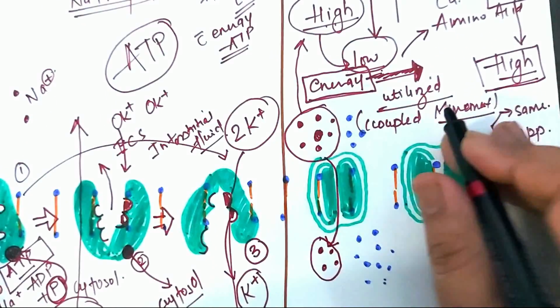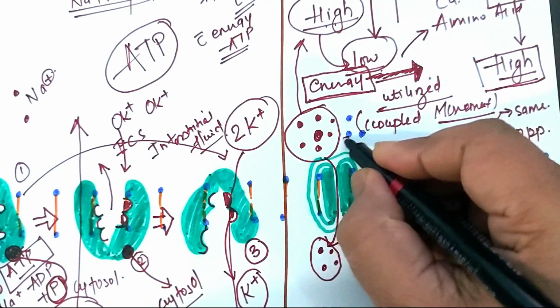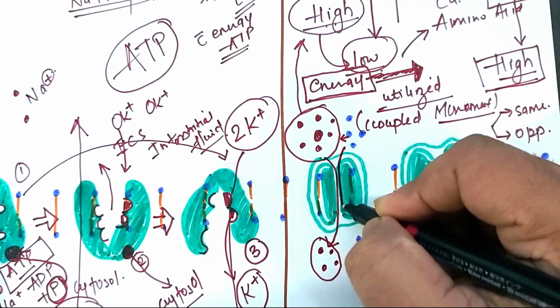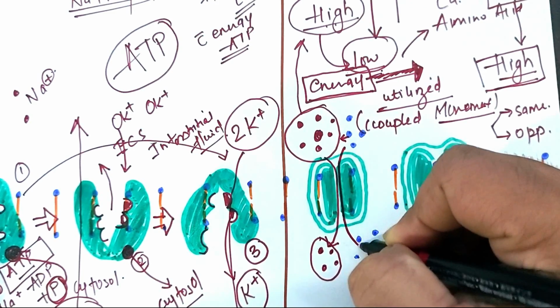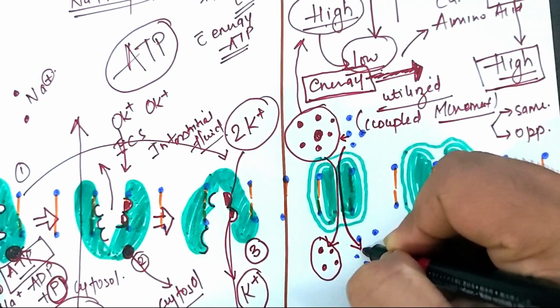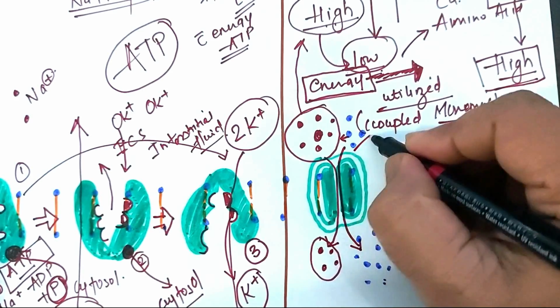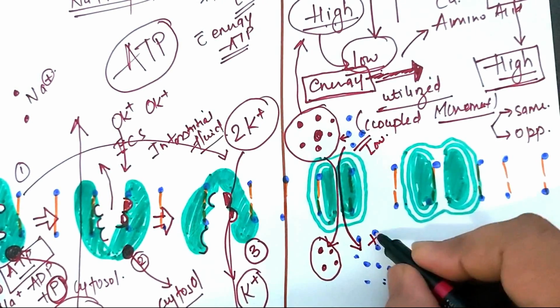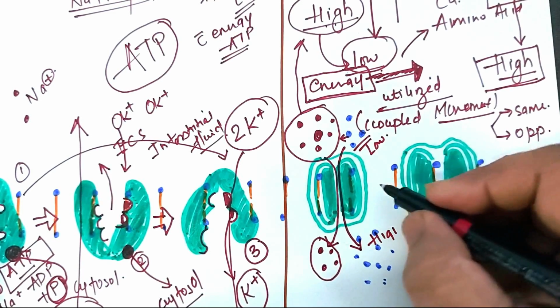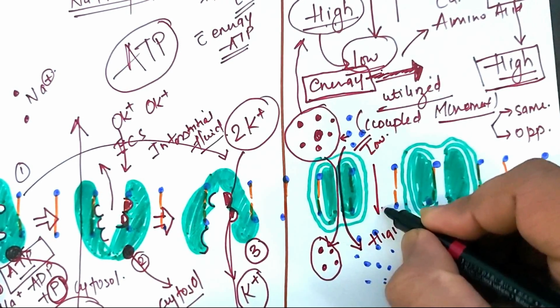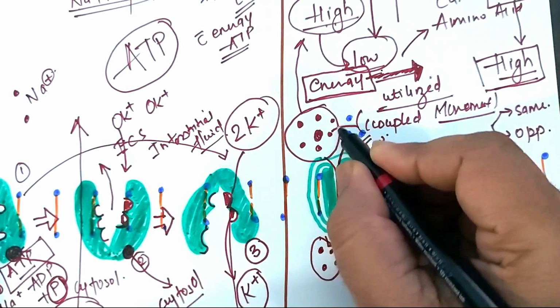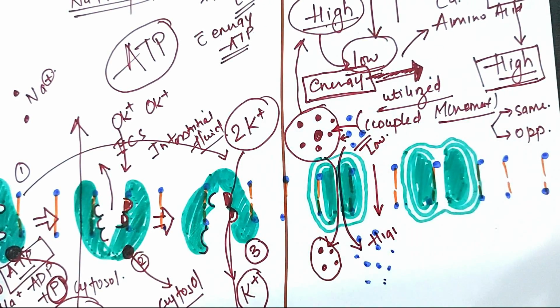Glucose will accompany the sodium from the same area to the opposite area, from low concentration to high concentration, against the concentration gradient, using the energy from this molecule transport.